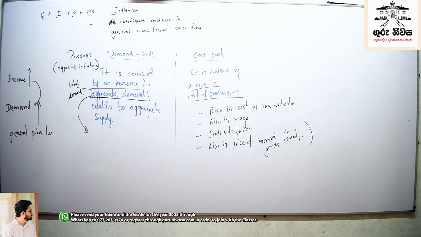Government is spending. C, consumer consumption expenditure. Who makes consumption expenditure? Consumers. Example, your family spends money to buy goods and services. This is called consumption expenditure.